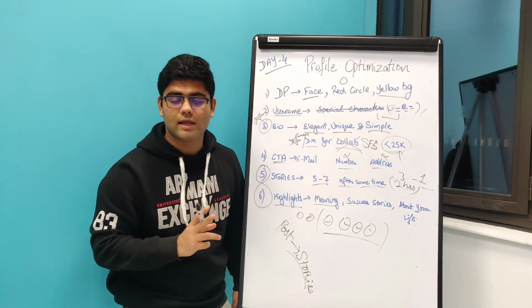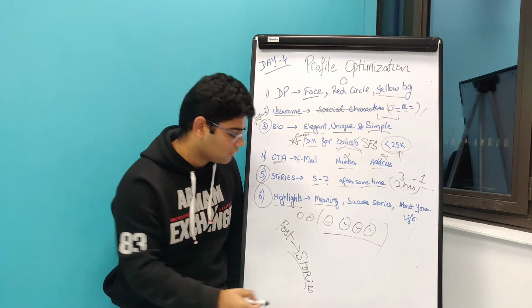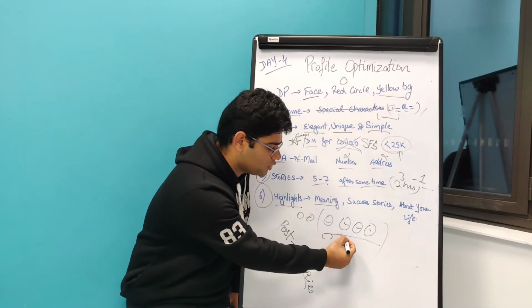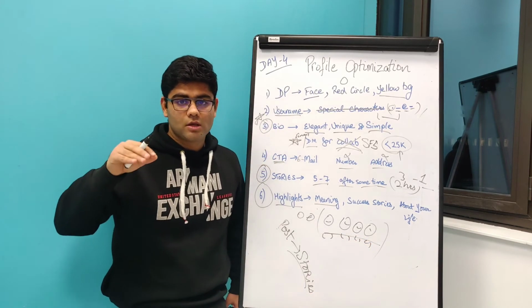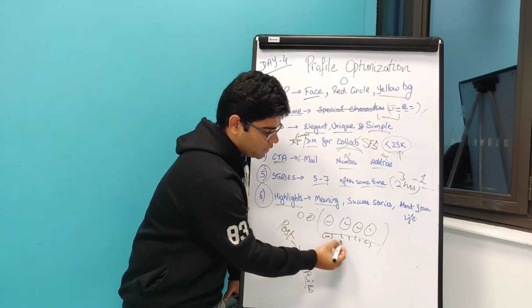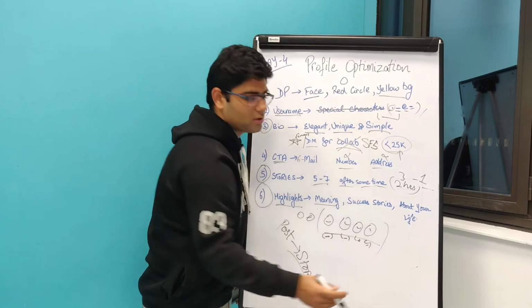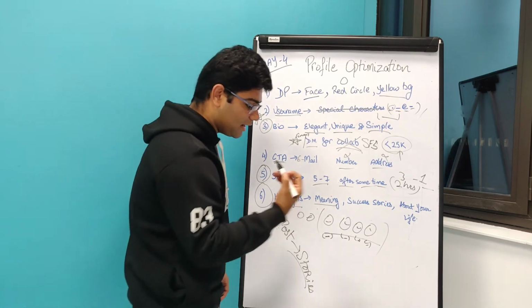The second thing about the highlights is you have to be very focused on the word, the description that you are using. If you see my stories, I've tried to write the complete word because there are only some number of characters allowed and the others are hidden, right?